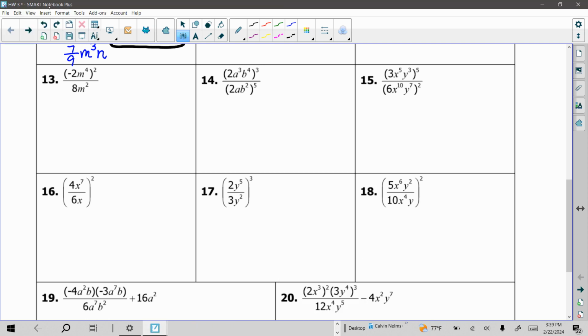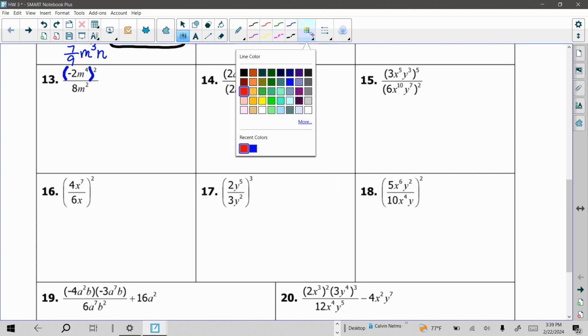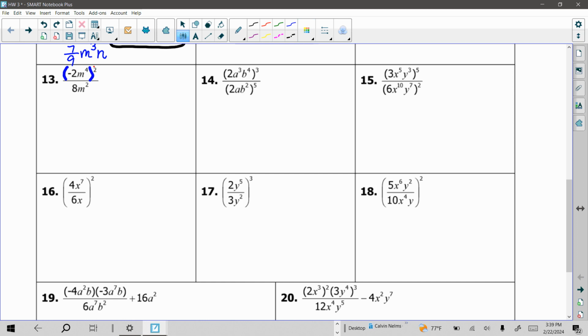For the complex problems here, this next section, you have more than one rule shown. Let's go with number 13, for example. Because I see this parentheses here, and I have the exponent 2 outside the parentheses, I have to do the power rule first.